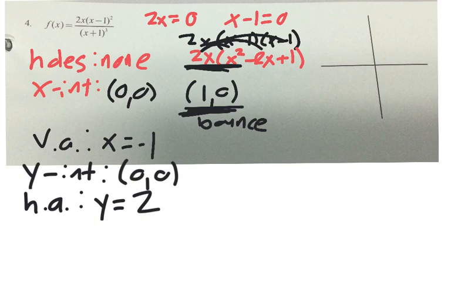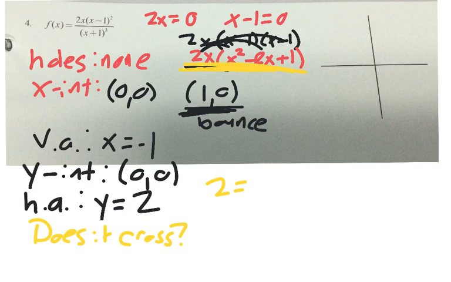And then lastly, does it cross this horizontal asymptote? So I set y equal to 2 in my equation, and I'm going to solve it. The numerator is already distributed right here. I just needed one more step. So that's 2x cubed minus 4x squared plus 2x over, and then if I distribute the denominator, that's 1, 3, 3, 1.